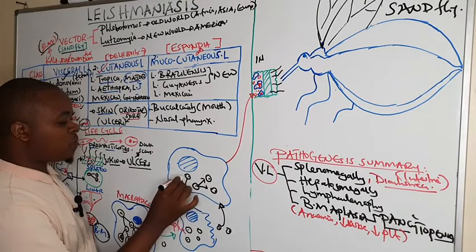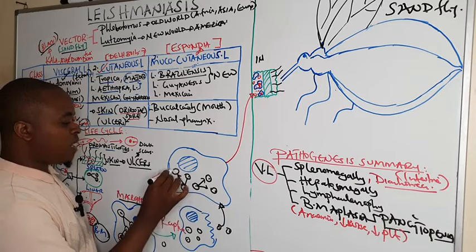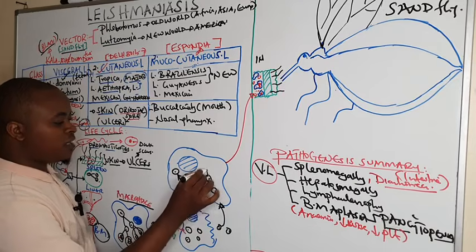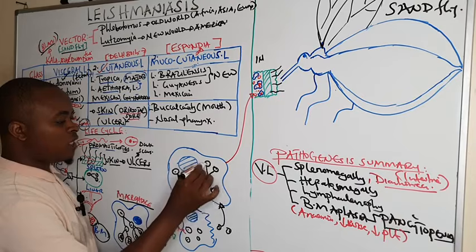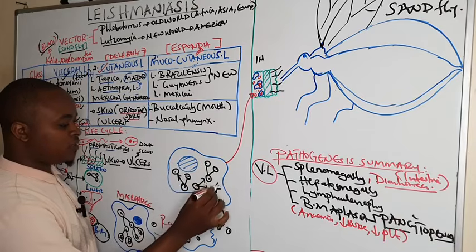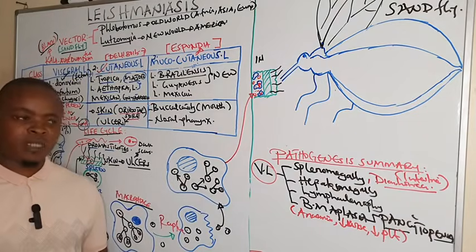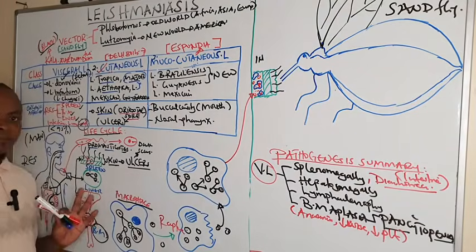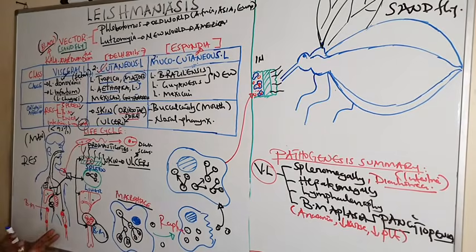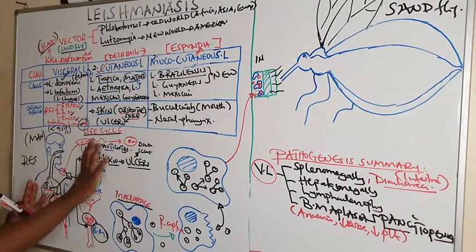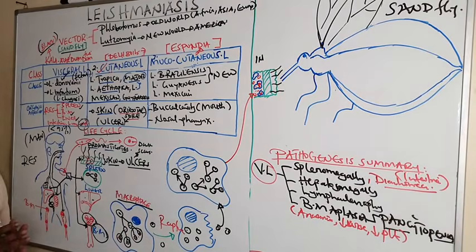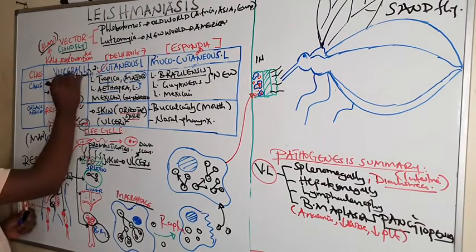They continue multiplying, and as they multiply in the cells after being engulfed, they cause what we call swelling of the organs affected. This is multiplication by binary fission. But multiplication is only for the amastigote stage. So this will happen. This is what we can mark about the life cycle in man for visceral and for cutaneous.